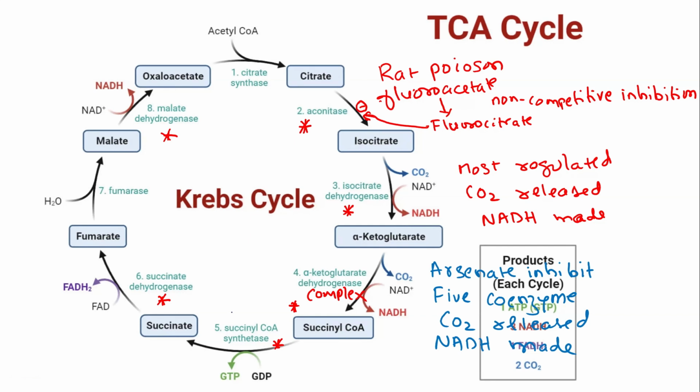Succinyl-CoA synthetase is also called as succinate thiokinase. What is the importance of this reaction is GTP is made here. GTP is made and it is an example for substrate level phosphorylation.